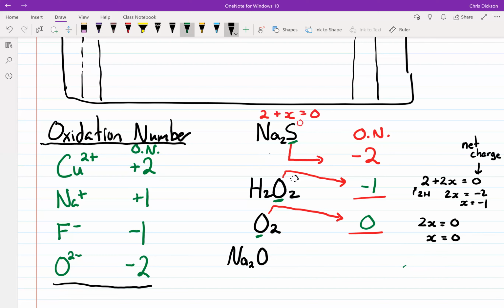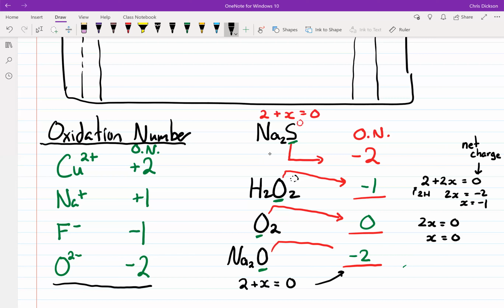This oxygen would have an oxidation number of -2. The reason is that you have two sodiums, each with a +1 charge, so 2, plus the oxidation number for oxygen, giving you a net charge of 0. That gives us an oxidation number of -2. So just in this one situation, you can see that oxygen actually has multiple oxidation numbers. So which one do we go with then?